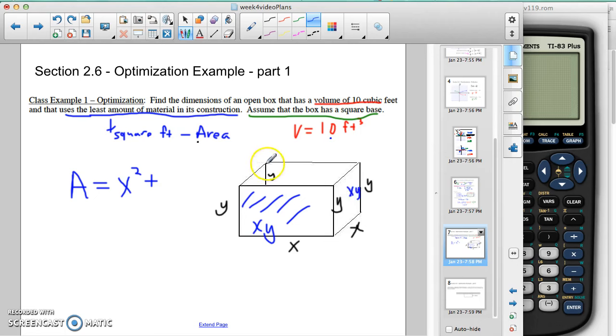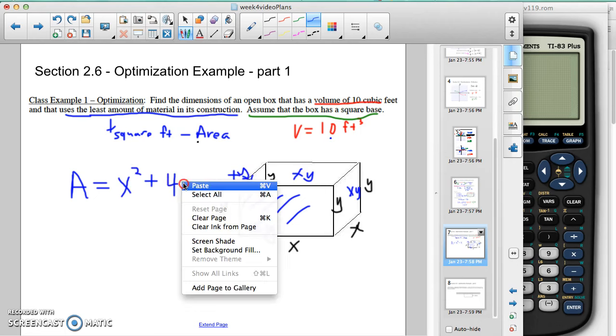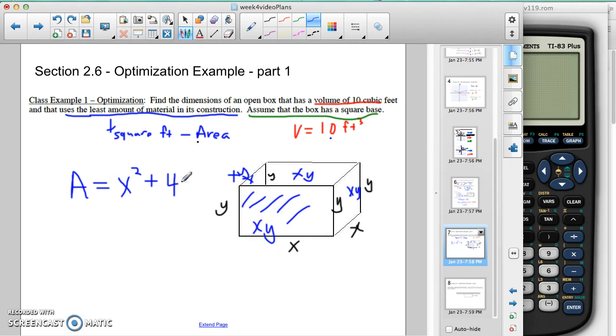The back is x here, y there, so it's also got an area of xy. And this side over here also has an area of xy. So each of the sides has the same area, so there are 4 sides that have an area of xy. This would be our relationship that we would look at for optimizing.